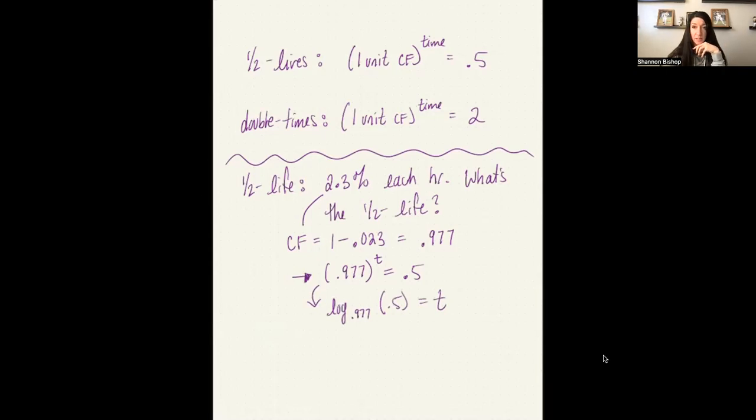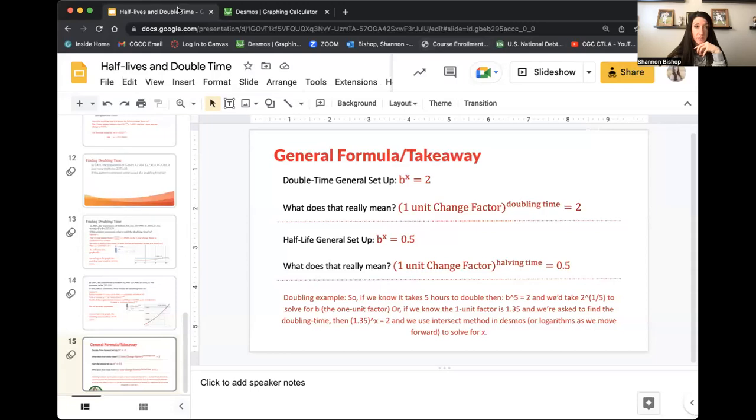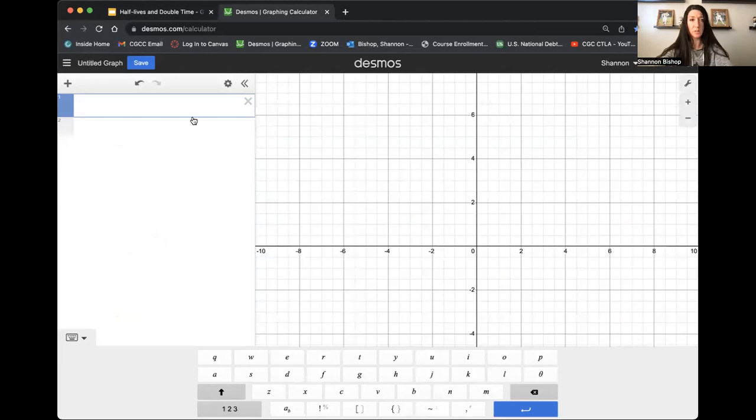Let me go back into this. There we go, Desmos. So what did we say? It was log base 0.977 of 0.5. And so we get 29.79.